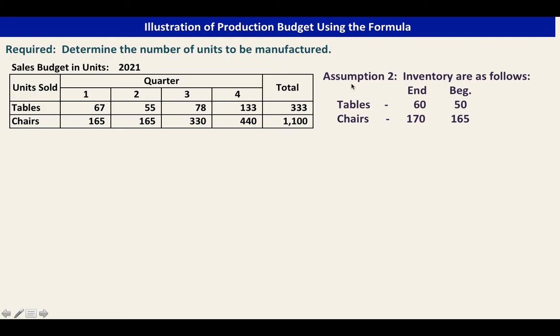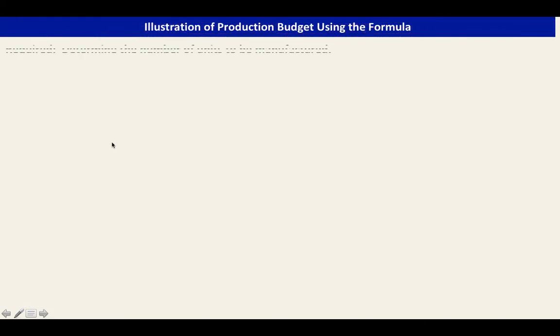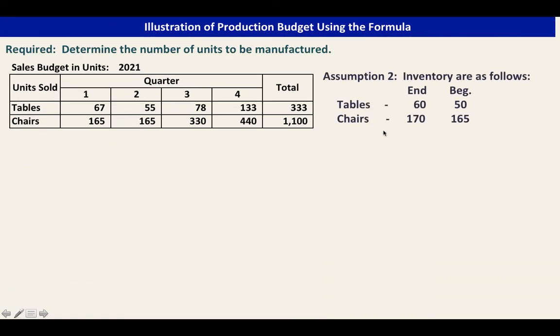And then the assumption here is different from the previous slide. The assumption that we had from the previous slide is that the inventory end is at least 15% of the next quarter sales. But here, the assumption that we are going to use to illustrate a production budget using the formula is that we will have a specific amount of inventory end and inventory beginning.